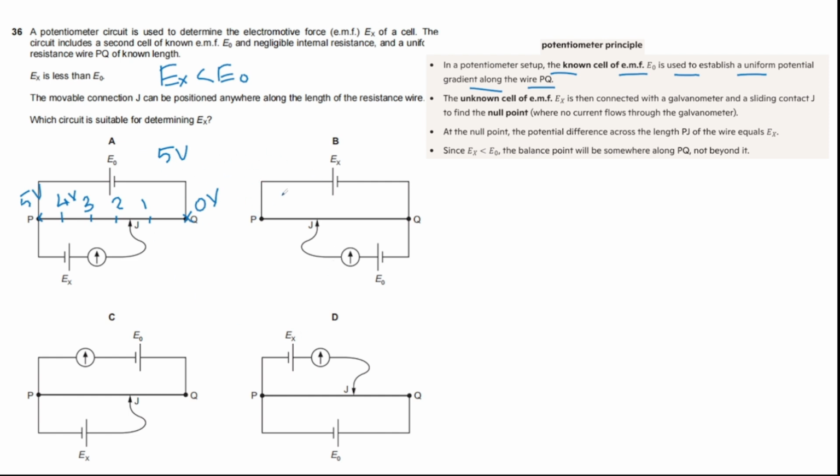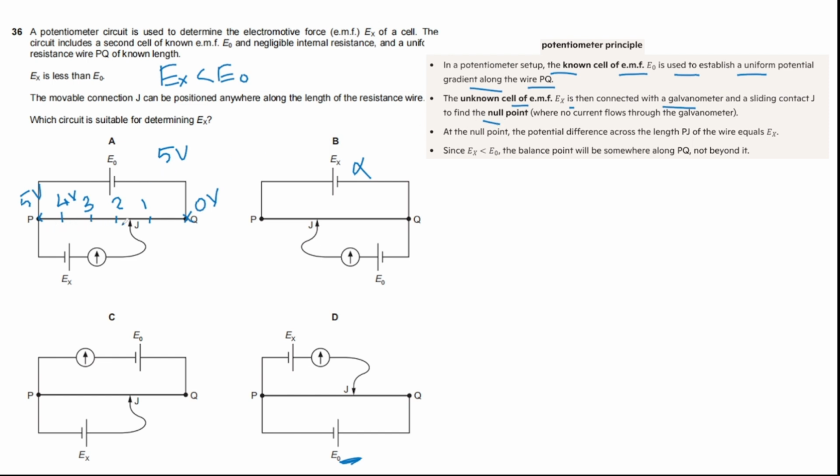Option A is connected correctly, but in option B, Ex, the unknown one, is connected, so it's definitely not B. Checking option C, it is also connecting the known one. Option D is also connecting the known one, so it's definitely not this. The unknown cell of EMF Ex is connected with the galvanometer and a sliding contact to find the null point.